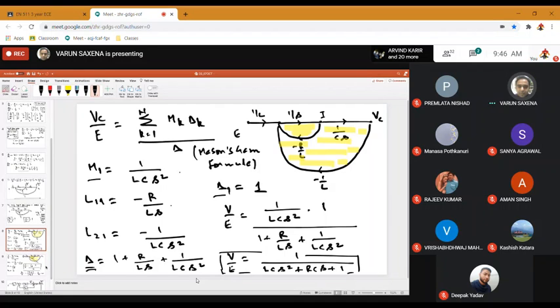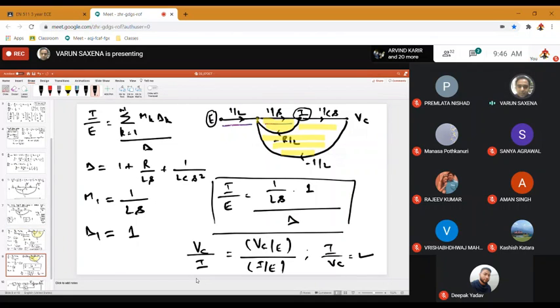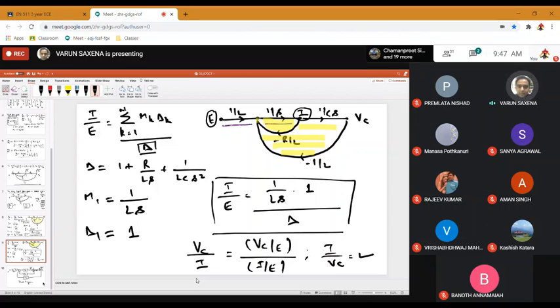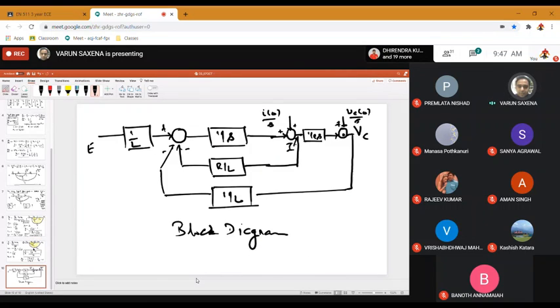So I evaluated these two quantities for both, and please remember that when the signal flow graph is the same, then delta will always remain the same. So you don't have to do an extra step. Then you just look at the signal flow graph and you can create a block diagram. So a block diagram was created.